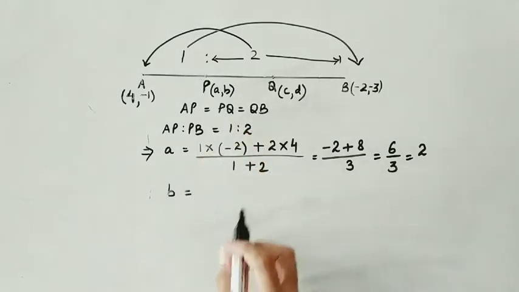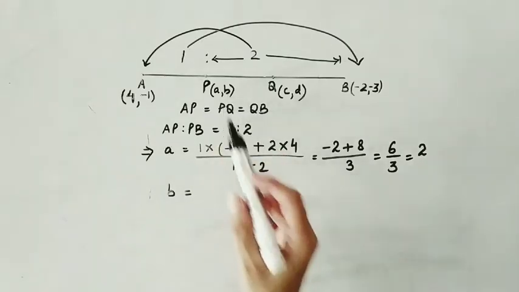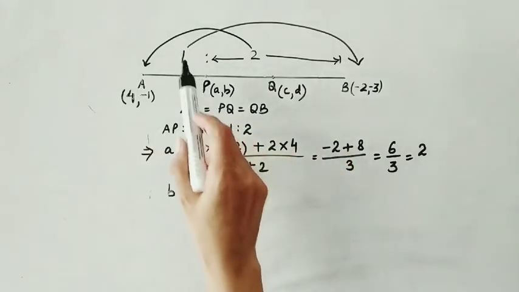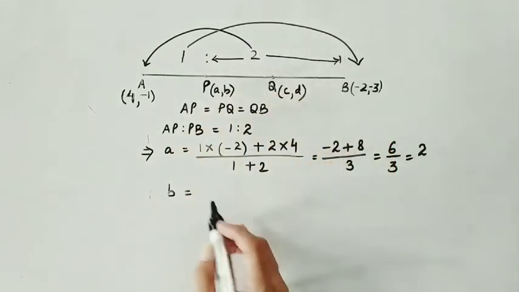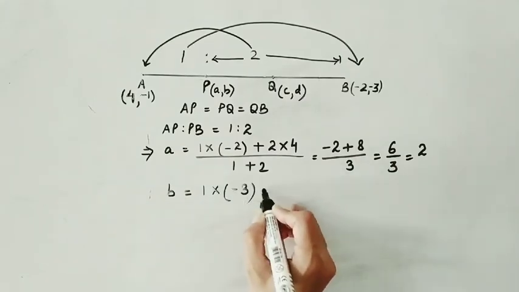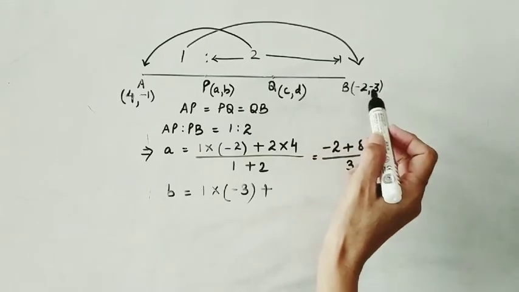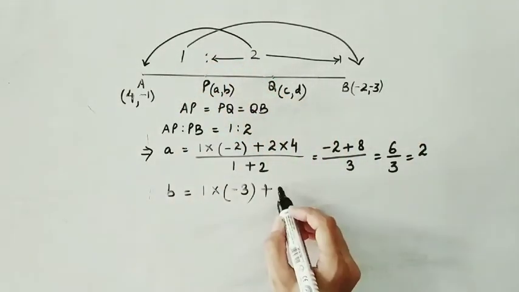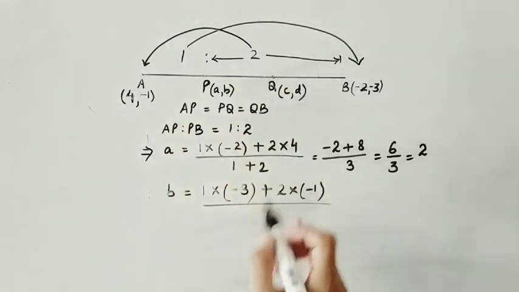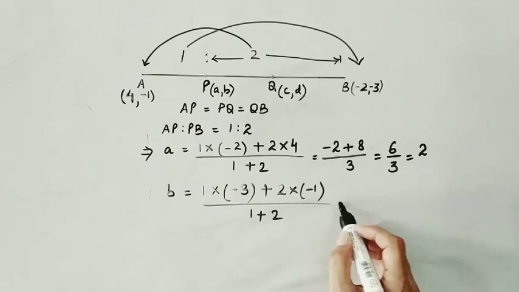b will be equal to, since b is the y coordinate, we need to pick the y coordinates of points A and B. It would be 1 multiplied by -3, added to 2 multiplied by -1, upon the sum of ratios, which is 1 plus 2.